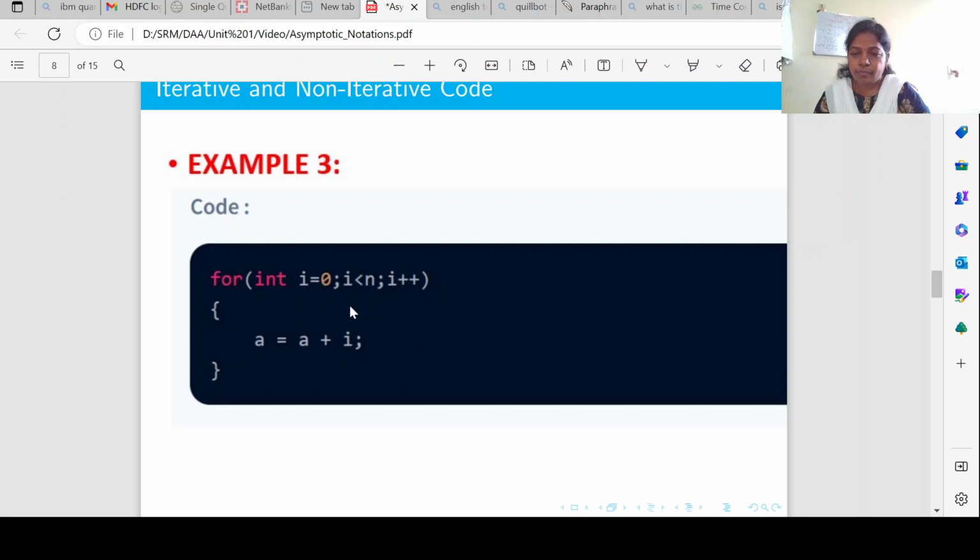So when you come to the for loop, this for loop executes n plus 1 times. Why n plus 1 times? Even though here we are mentioning integer i equal to 0, i less than n, this loop is going to execute n plus 1 times, which means it executes one more time for the false condition. It takes one additional extra time to check the false condition also.